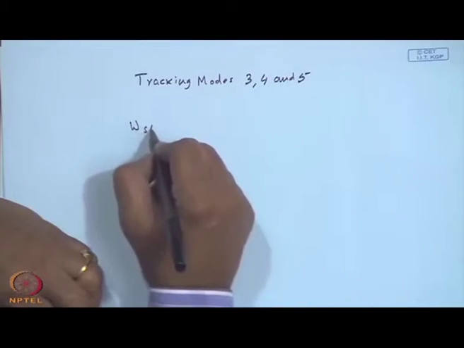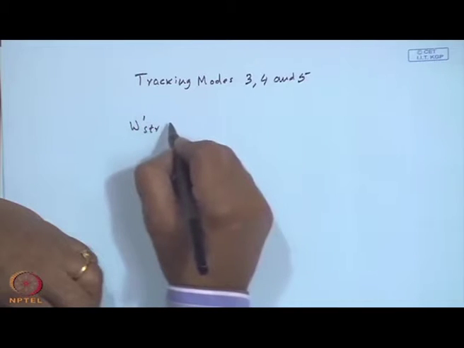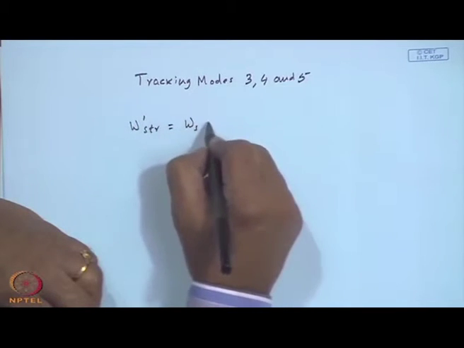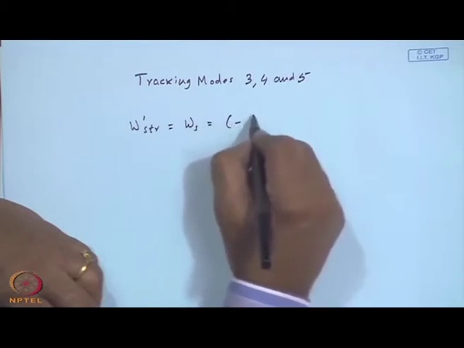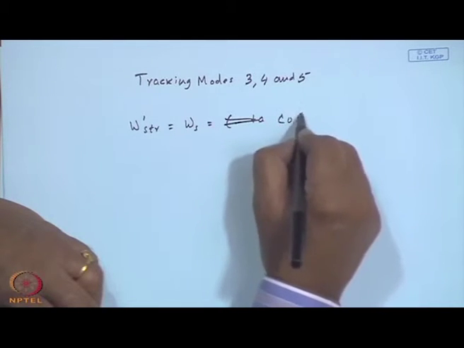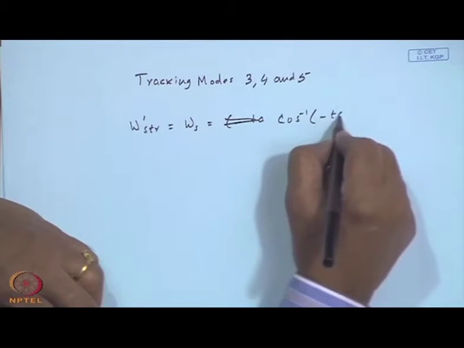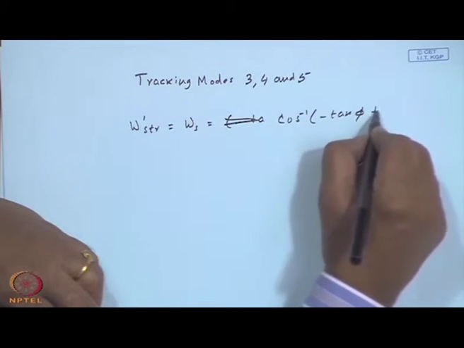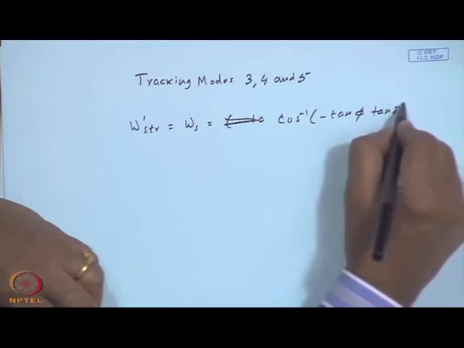Consequently, my omega S Tr single dashed should be the same as omega S, equal to cos inverse of minus tan phi tan delta.